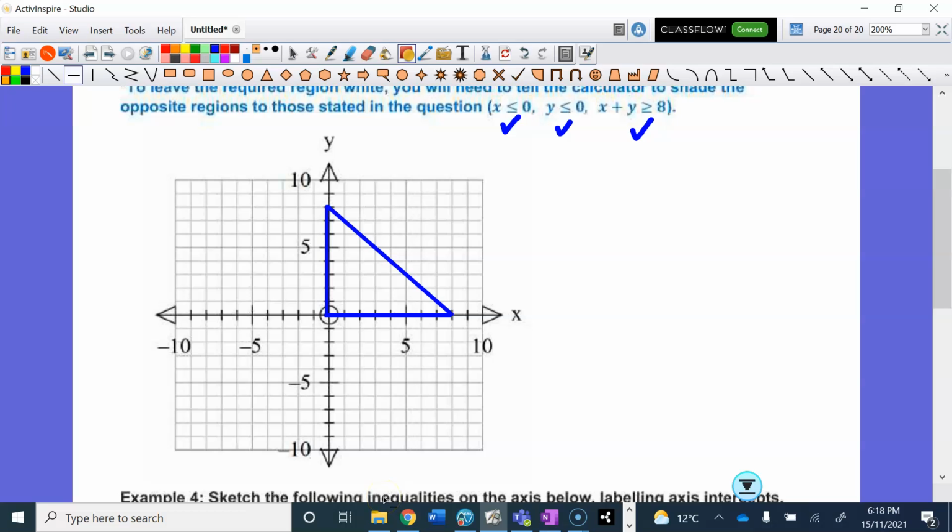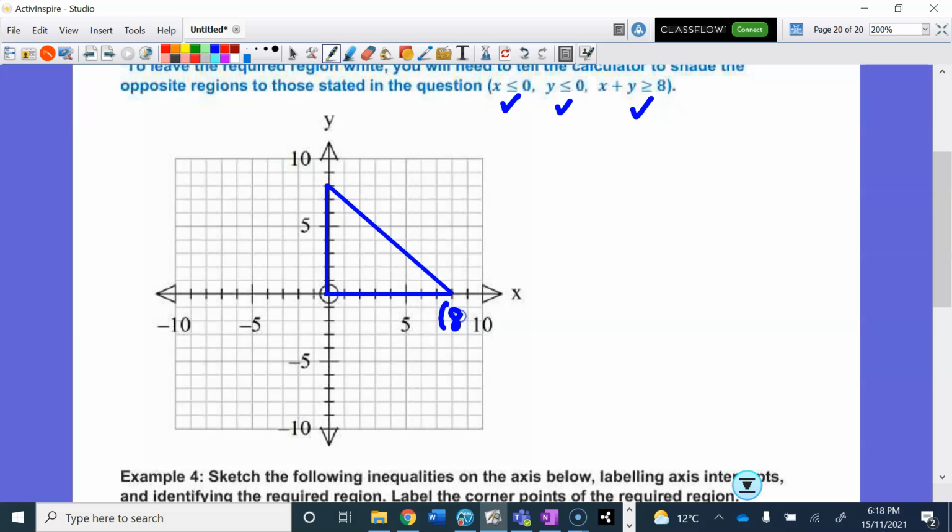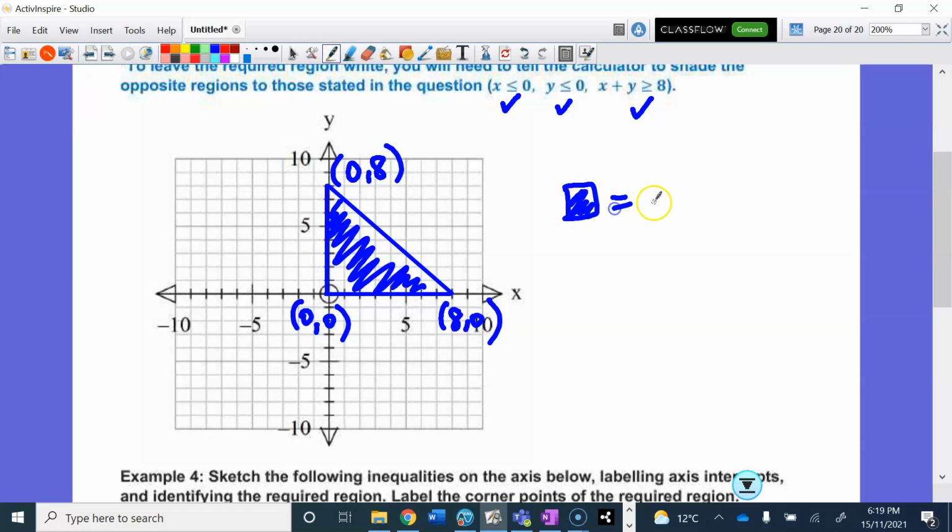And then you could label in using your pen. 8, 0 is an important point, 0, 8 is another important point, and 0, 0 is another important point. And whether you shade all the outside and leave the triangle white, or whether you shade the inside and leave all the rest white, doesn't matter. As long as you label the little key and say the required region is that triangular shaped bit, you're good to go.